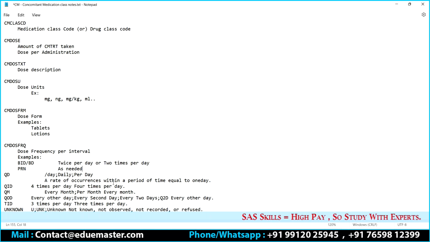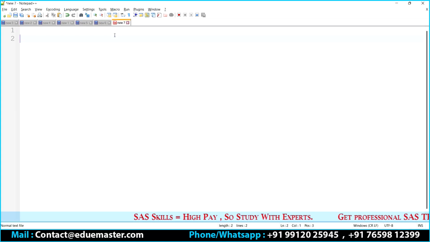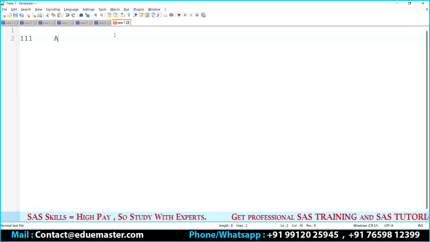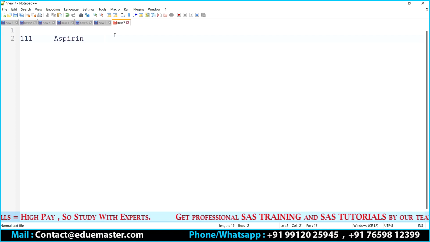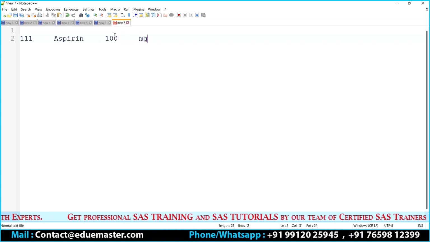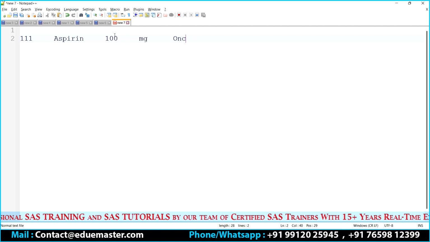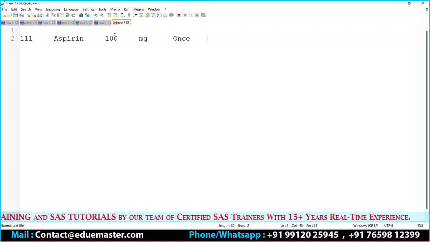Let's say one subject, for example, maybe I can write it here. 111 is the subject ID. He is taking an aspirin tablet, which is 100 mg. 100 is the dosage, and mg is the units. Every day he is taking it. The frequency is once daily.